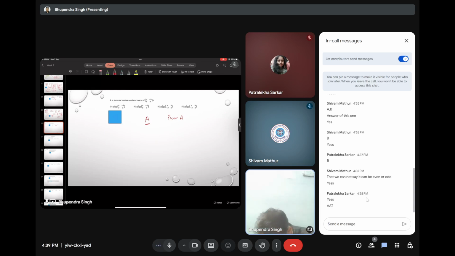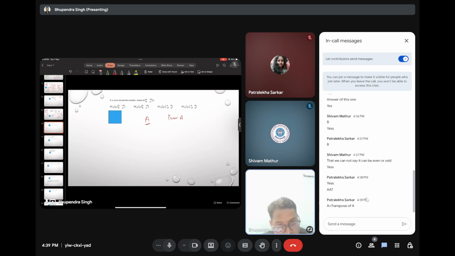This is the inverse: 1 by the determinant of A, times the adjoint of A, the transpose of the matrix of cofactors.